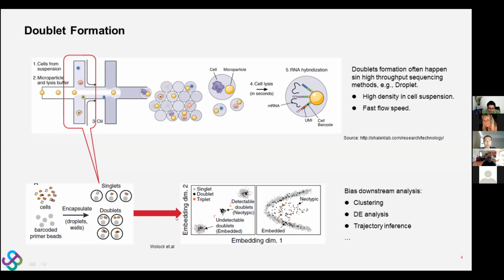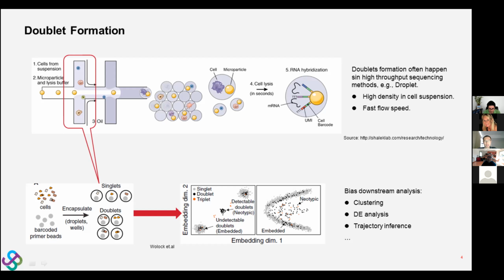Doublets have some negative impact on downstream analysis. For example, in cell clustering, the doublets will form spurious clusters because those cells are very different from normal single cells. When we do clustering, we will see those cells together, but they are not true clusters because those doublets don't exist in the original samples.